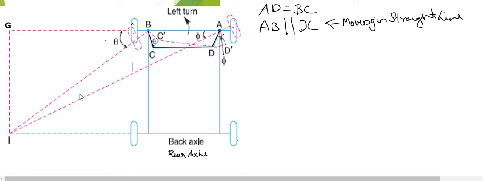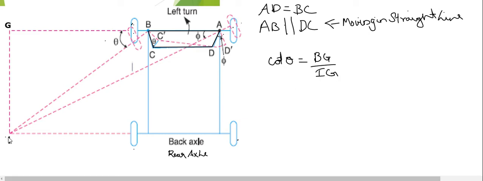I hope it is clear. Now if you take cot of theta, that will be adjacent over opposite. Adjacent will be BG over opposite IG.